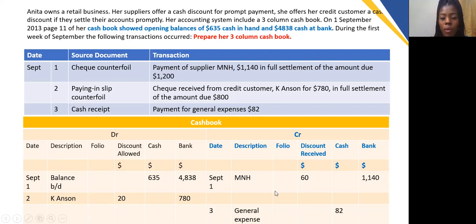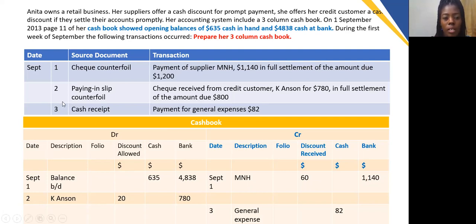That means your opening balance for your bank account will be on the credit side. Good. In this case, they are both regular opening balances, so that means they're going to be on the debit side, because generally bank and cash accounts would have debit balances.